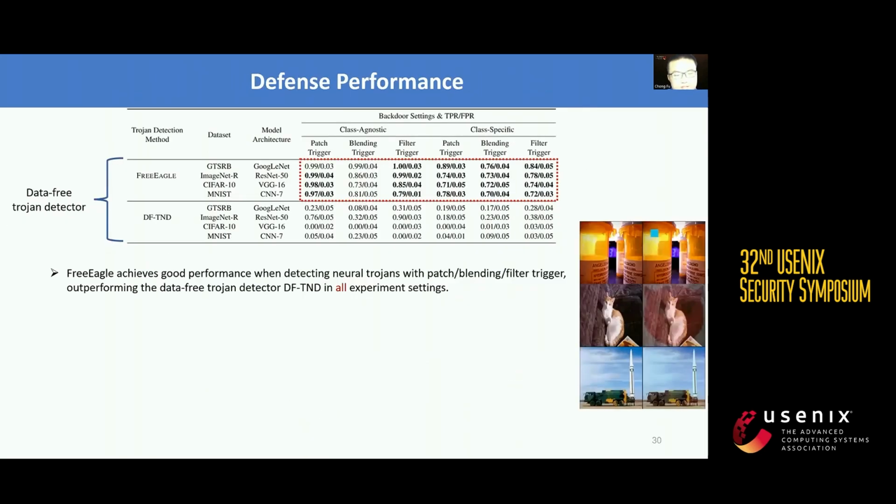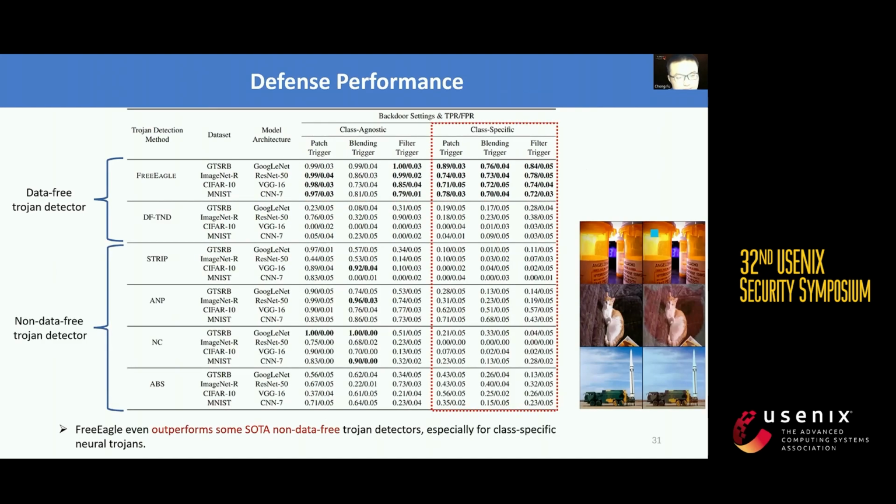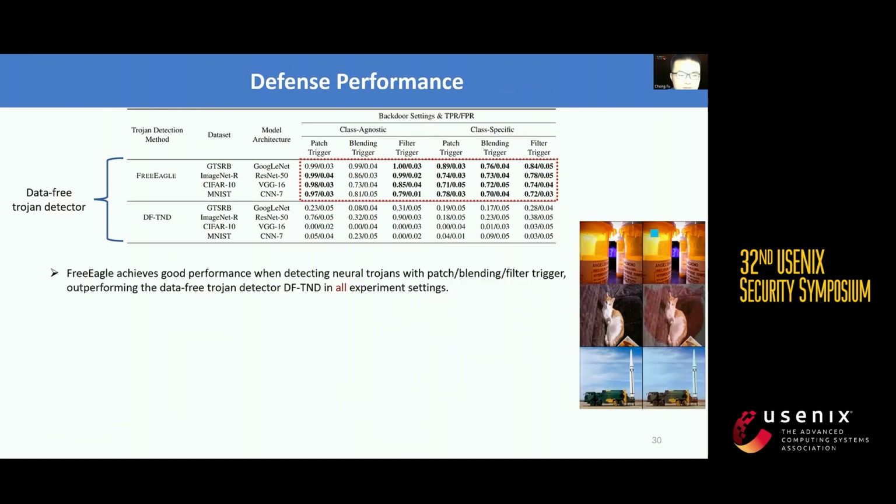Our method achieves good performance in detecting neural Trojans with patch, blending, or filter trigger, outperforming existing data-free Trojan detectors. Our method even outperforms some state-of-the-art non-data-free Trojan detectors, especially for class-specific neural Trojans.